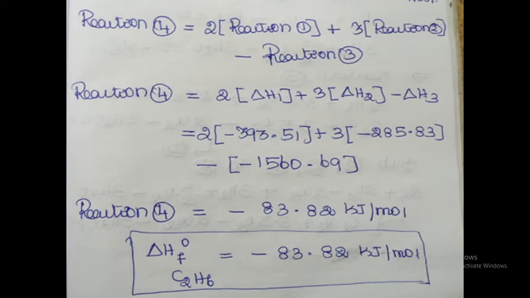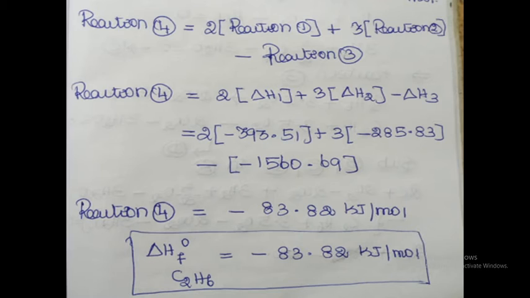Which one is the rest of the reaction? Reaction number 3. Then we will get the standard heat of formation of ethane gas. Are you clear or not? Okay, that is reaction number 4. So this is the standard heat of formation reaction of ethane gas. Are you clear or not?